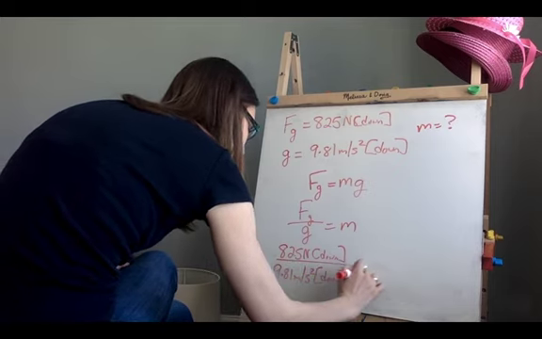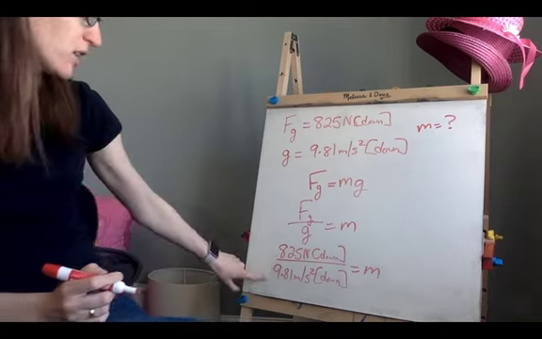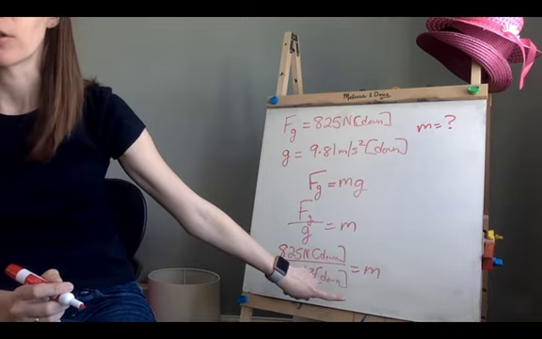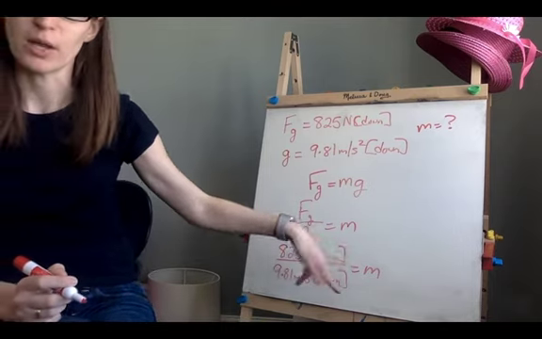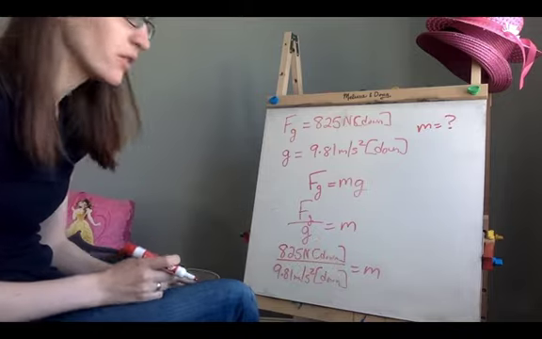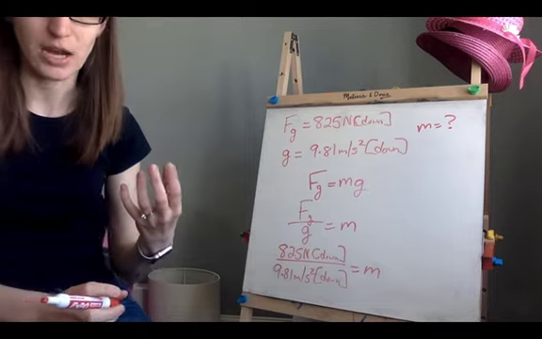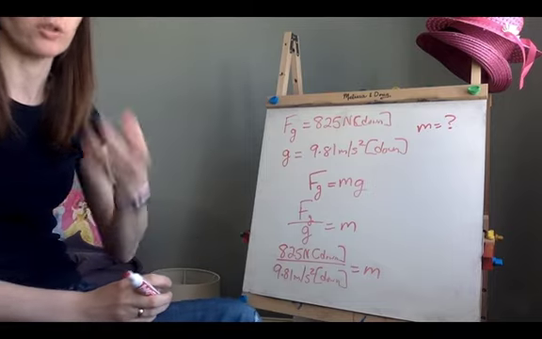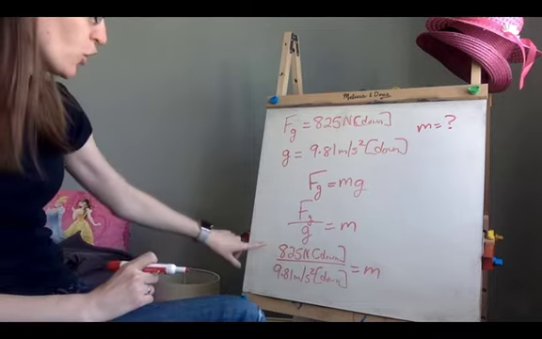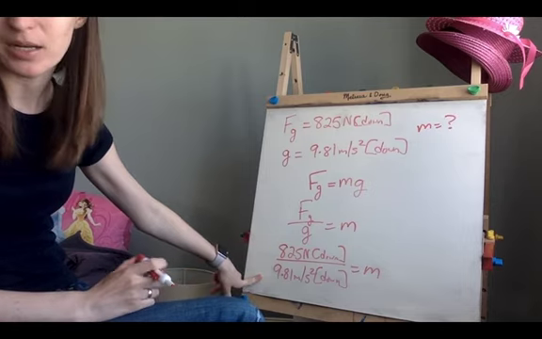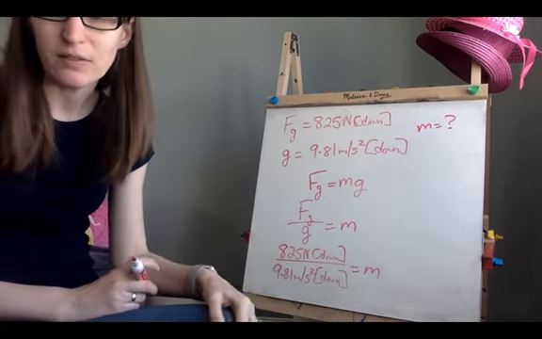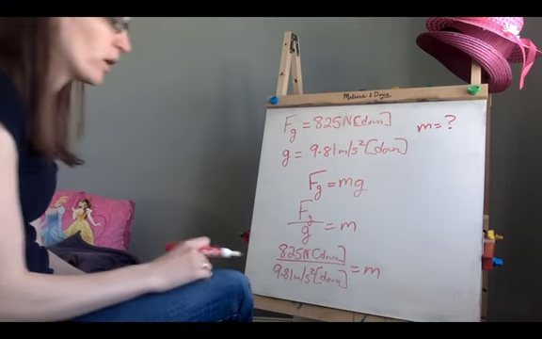Meters per second squared. And when we do that division, right, the downs kind of cancel each other out, right? So it would be kind of like two negatives dividing and giving you a positive. But again, mass is not a vector quantity, it's just a scalar, so it's not going to have direction, it's just going to be a value in kilograms. So when we do 825 and we divide it by 9.81, we get a mass value of 84.1 kilograms.